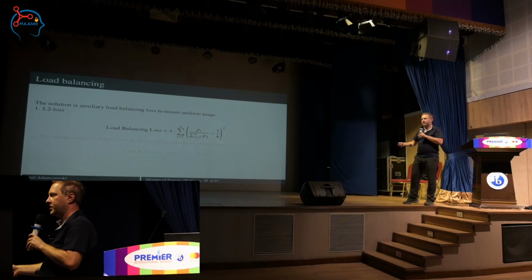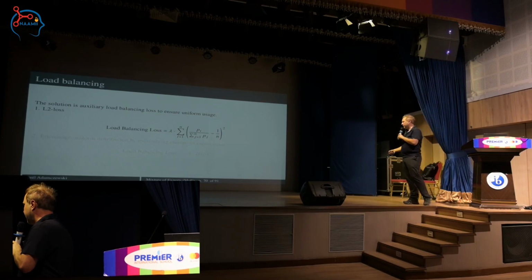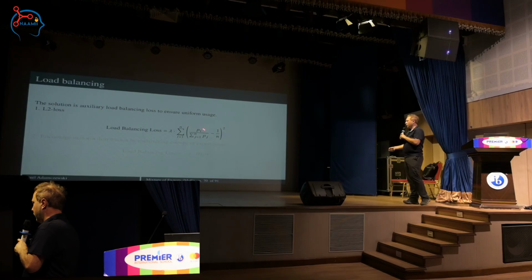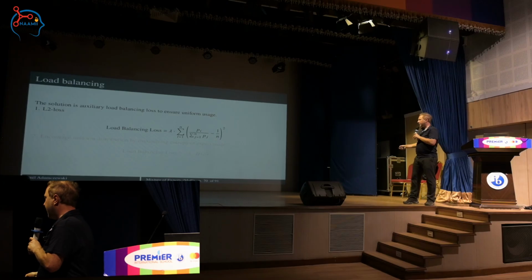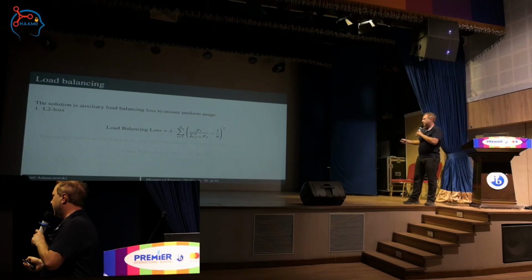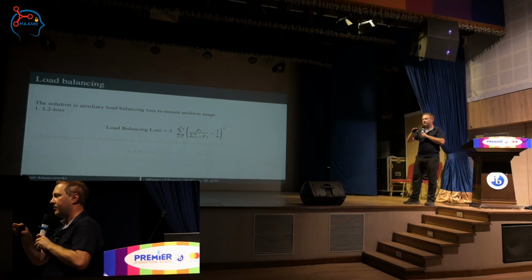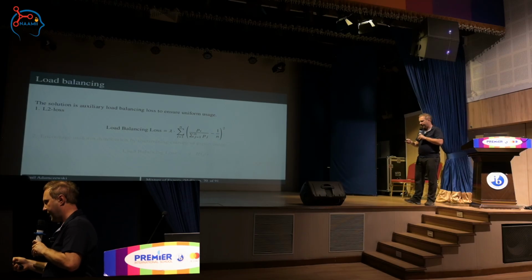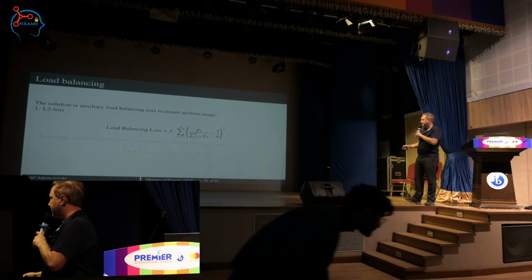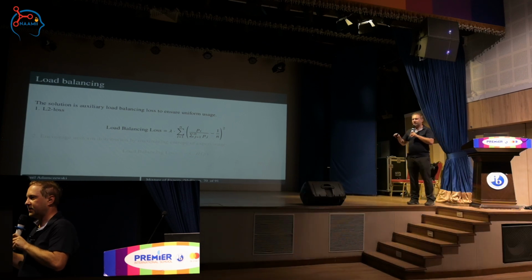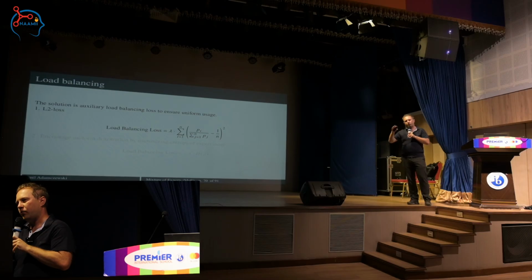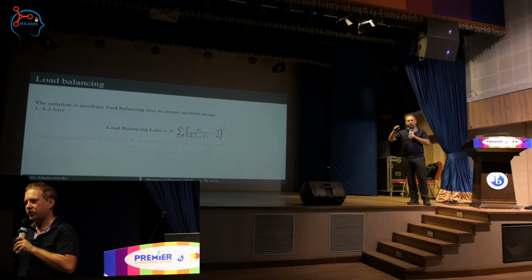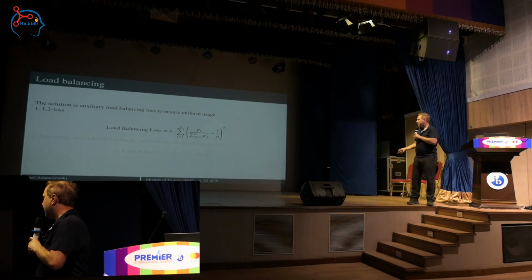If we have 4 experts, it would be 25% each, and then we look at the actual output and at the difference, and if the difference is big, then we will have a big loss. So ideally we would like a more even distribution of the output of the gating. This is the load balancing loss for the router.